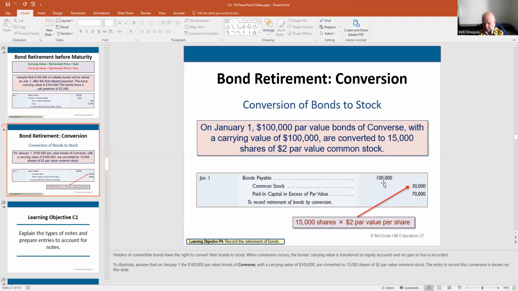You're paying off $100,000. The difference is, of course, paid in capital in excess of par to record retirement of bonds by conversion. Okay. You decided you'd rather have 15,000 shares of Converse stock, whatever it's selling for, instead of the bond. Okay.